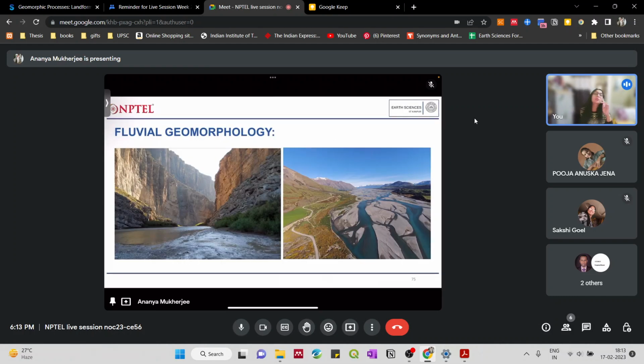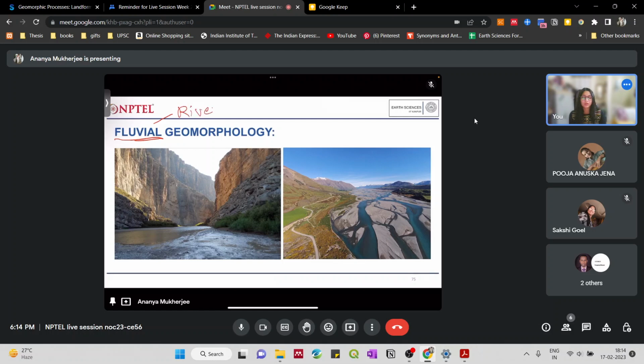Okay, so now we come to the first kind of geomorphological landforms, or the first agent which creates different geomorphological features, that is water, in the form of rivers. Fluvial, the term fluvial relates to rivers.